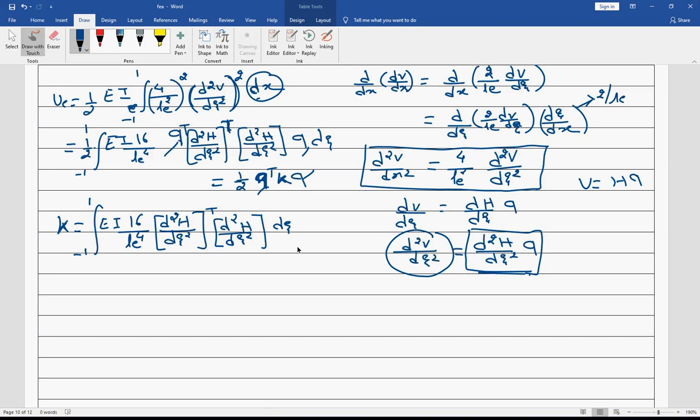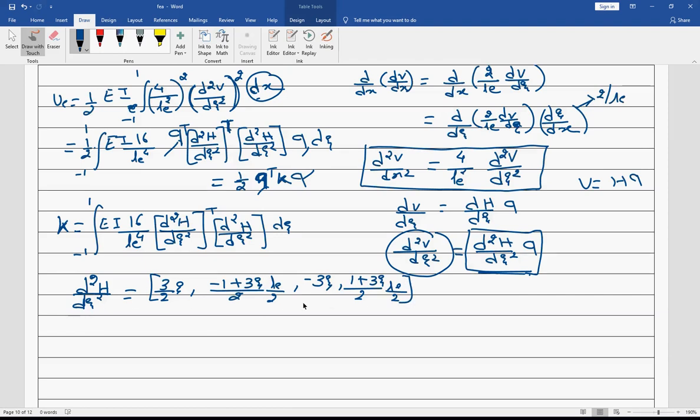Now to overcome this problem, I simply write down what d2h by d xi square is here for you, so you'll be in a better position. So it will be 3 by 2 xi minus 1 plus 3 xi by 2 Le by 2, then minus 3 xi and 1 plus 3 xi by 2 Le by 2.